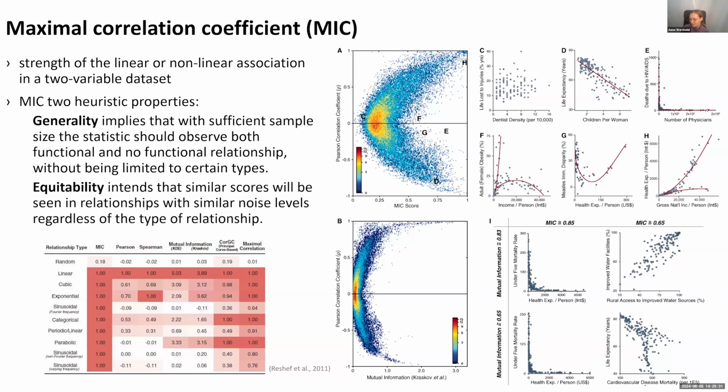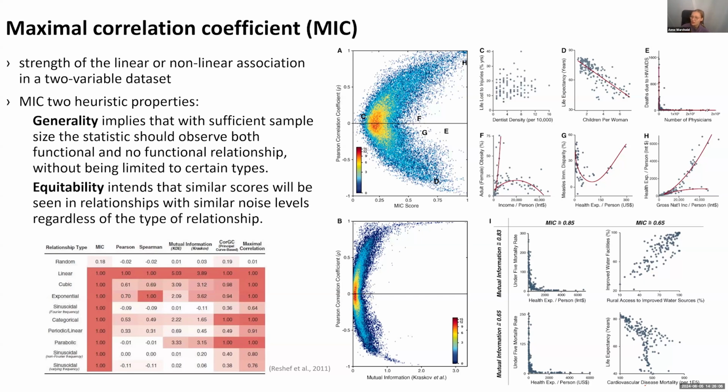So what does it really mean? We talked about Pearson correlation. If you go to the rainbow-colored figure, which you see here with the A, every dot is a relationship between A and B. And then you see the results for the Pearson correlation and the MIC score. Basically you have the scale for Pearson from 1 to -1. If it's close to 1, you can assume it's a linear relation. And if the MIC score is also high, then it's a linear relationship.